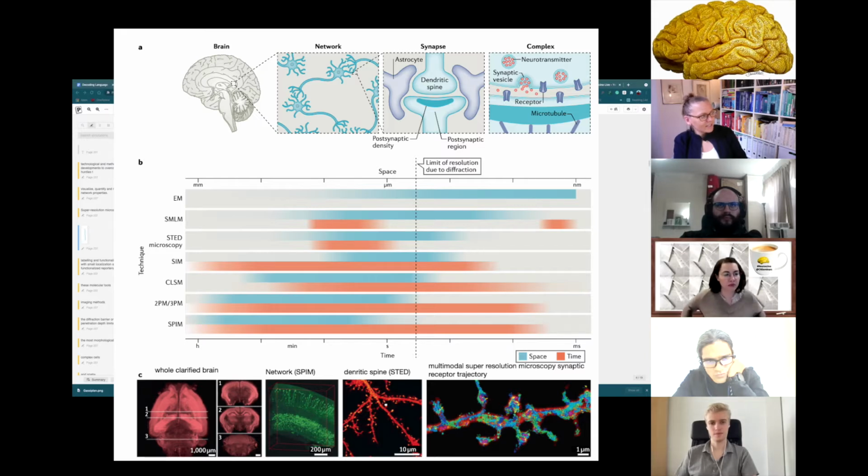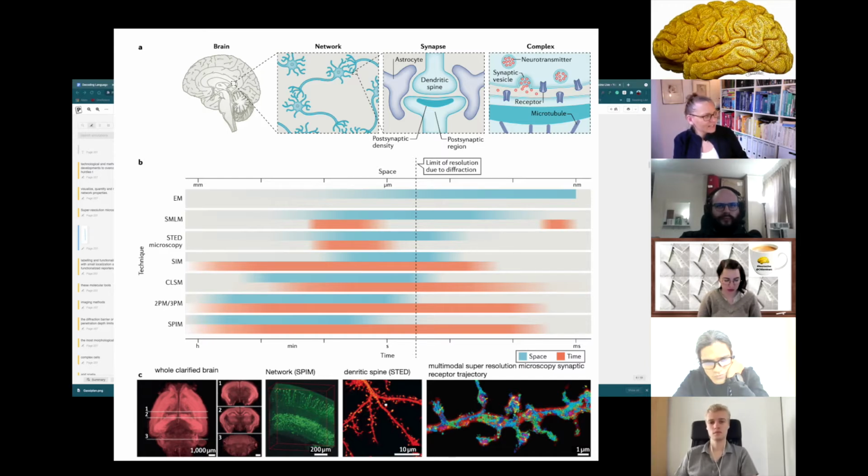As you can see, the techniques are plotted for their spatial resolution. That's the scale on top and in blue, and the time resolution down here from hours to milliseconds. And those are the different microscopy techniques available. You can see that the different techniques have a different sensitivity to time and spatial resolution.